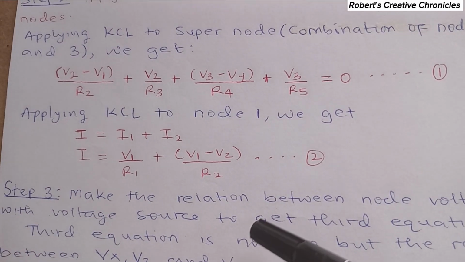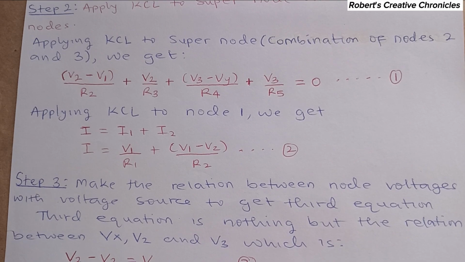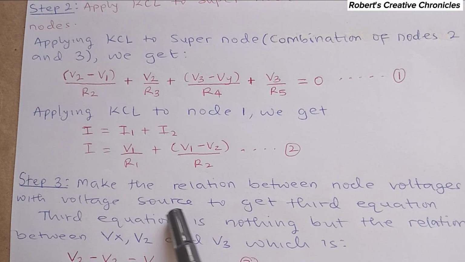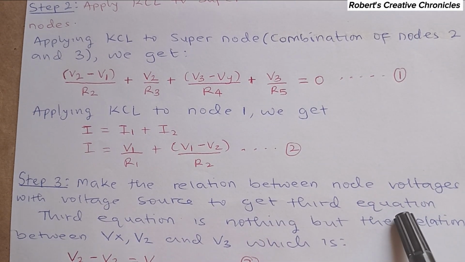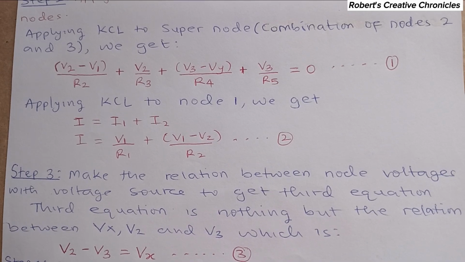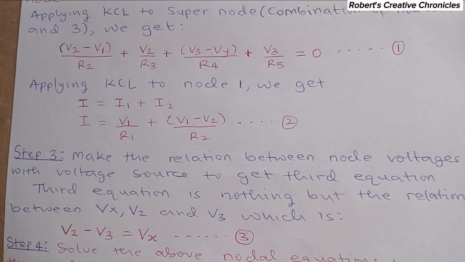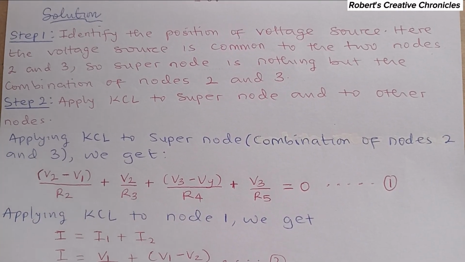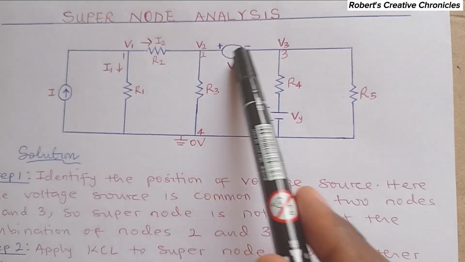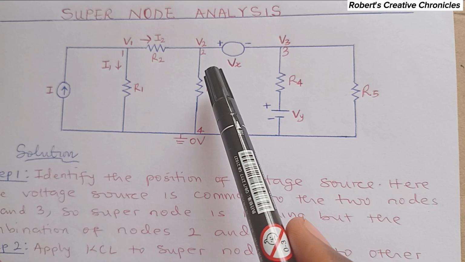Then the third step: make the relation between the node voltages and the voltage source to get the third equation. The third equation is the relation between Vx, V2 and V3, which is V2 minus V3 equals Vx. The voltage across the source is between the two nodes that form the supernode.